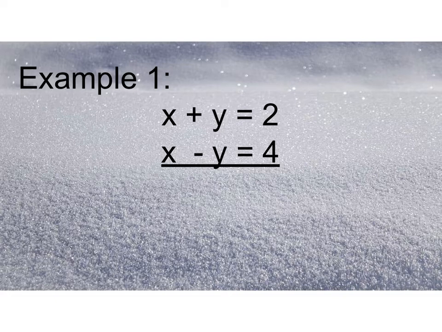And what we want to focus on are our coefficients of each of our variables. So if we look at what our numbers are in front of each of our variables to see what is the easiest to eliminate, what can we make become 0?